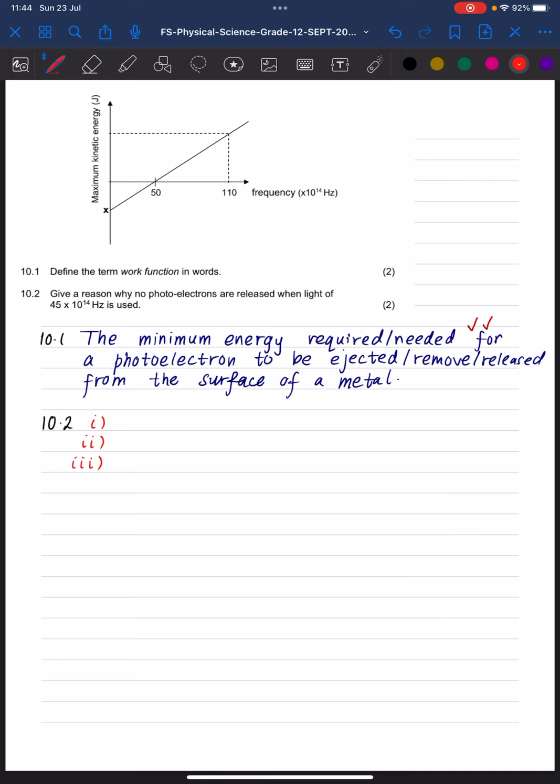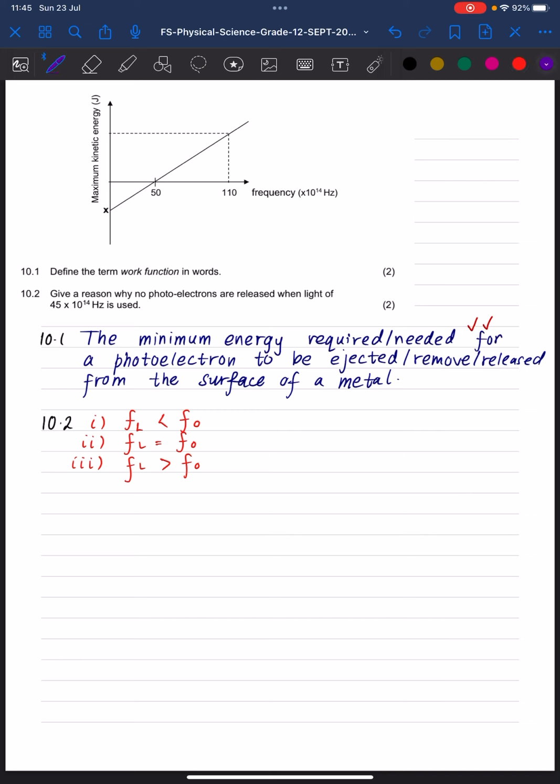It is either the frequency of your light, and I'm going to say the frequency of the light is equal to FL, is less than the threshold frequency, or the frequency of your light is equal to the threshold frequency, or the frequency of the light is more than the threshold frequency. So it's either one of these 3 things. It can only be one of these 3 things.